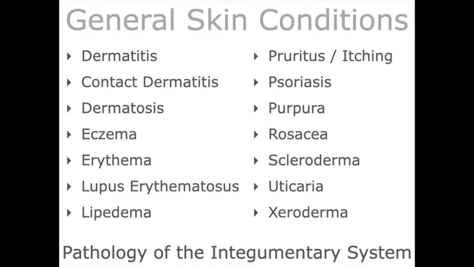Dermatitis is an inflammation of the upper layers of skin. Contact dermatitis is a localized allergic response caused by contact with an irritant or allergen. Symptoms include erythroderma, itching, and rash. Dermatosis is a general term used to denote any skin lesion or group of lesions or eruptions of any type that are not associated with inflammation.